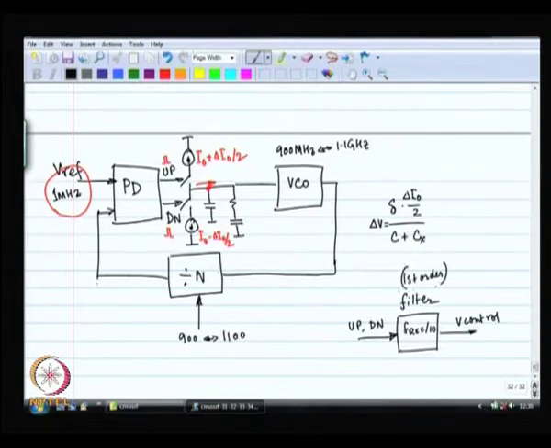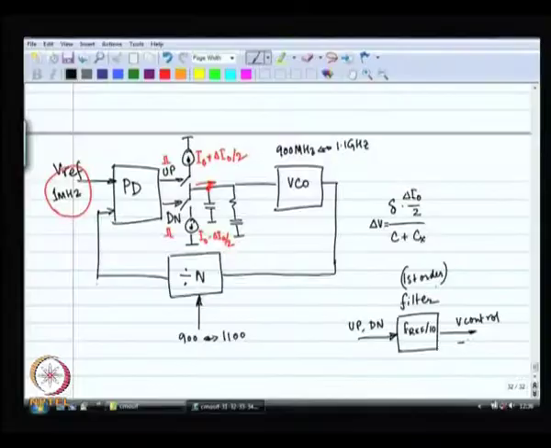Let us say you have got a first order system over here, bandwidth of the filter is f ref by 10. In that case, if my input is at f ref and its harmonics, right, then your output will have rejection of minus 20 dB. 20 dB per decade.